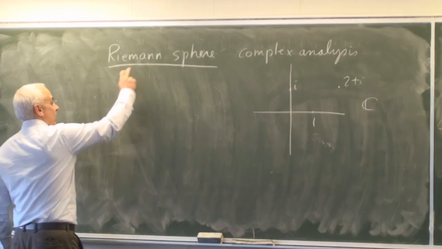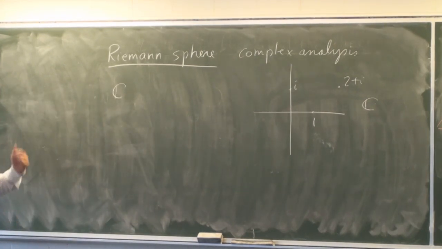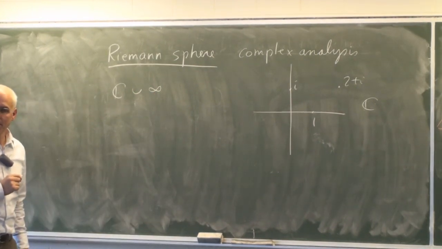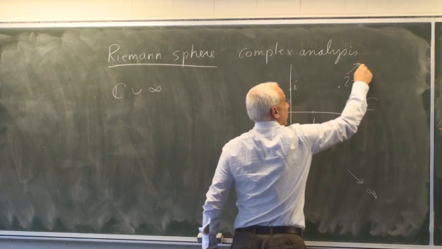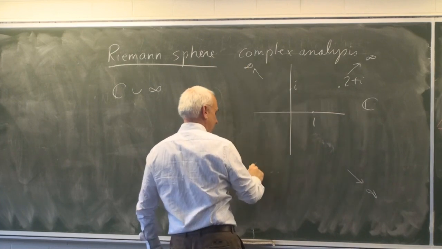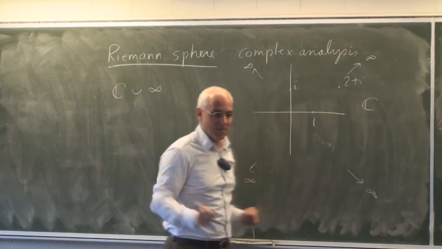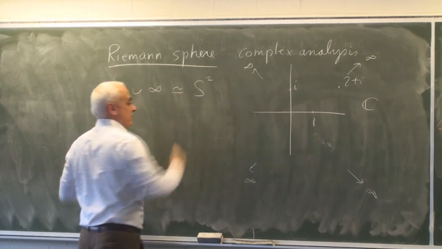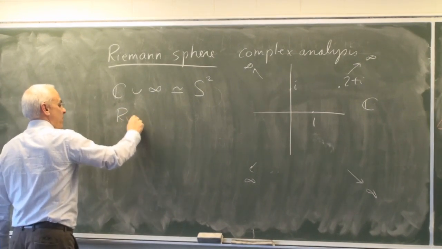So Riemann's idea was, let's take the complex numbers, in the sense of the usual plane, and add a point at infinity. And this point at infinity is meant to be sort of in all directions. Any direction that you go, you bump into this point at infinity in sort of a limiting sense. And that's going to be topologically a sphere, which has, in fact, a complex structure. That's called the Riemann sphere.